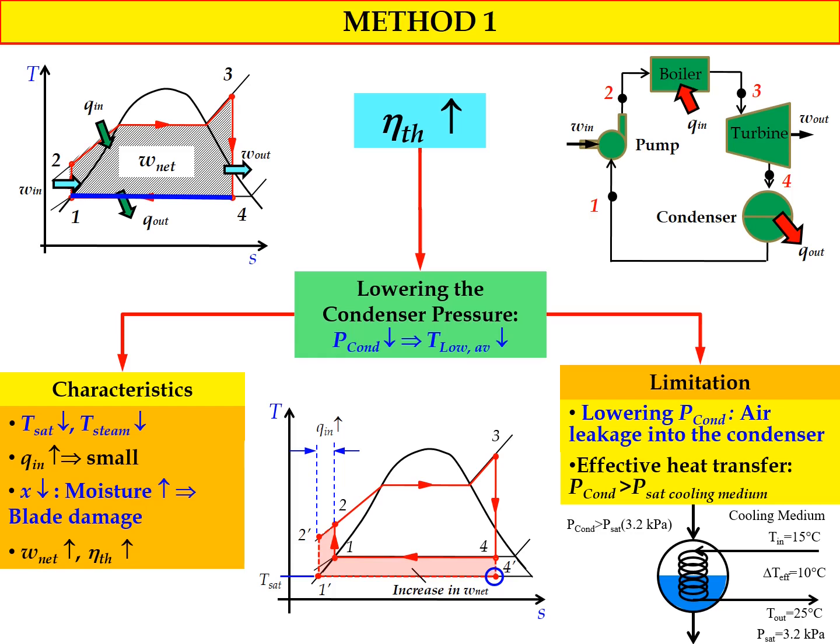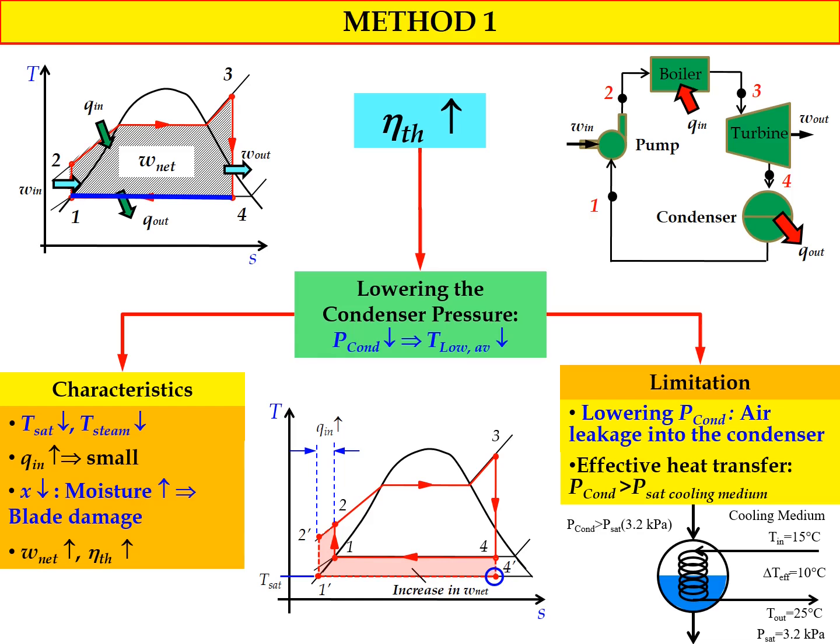This schematic diagram shows an inlet temperature of 15 degrees Celsius and an outlet temperature of the cooling medium, after absorbing heat from the condenser, of around 25 degrees Celsius. For effective heat transfer, the delta T is normally 10 degrees Celsius. And for this example, the saturated pressure of the cooling medium is around 3.2 kilopascal.